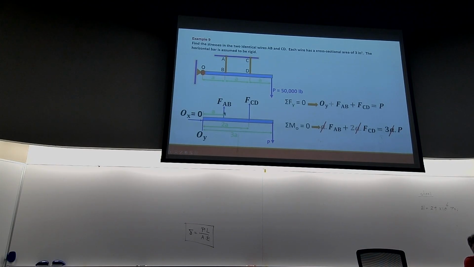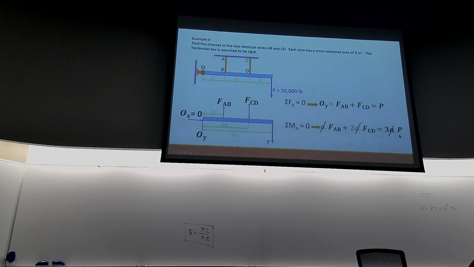So we have FAB times a plus FCD times 2a equals P times 3a. The moment that these forces are going to be counterclockwise or positive, this is going to be clockwise.